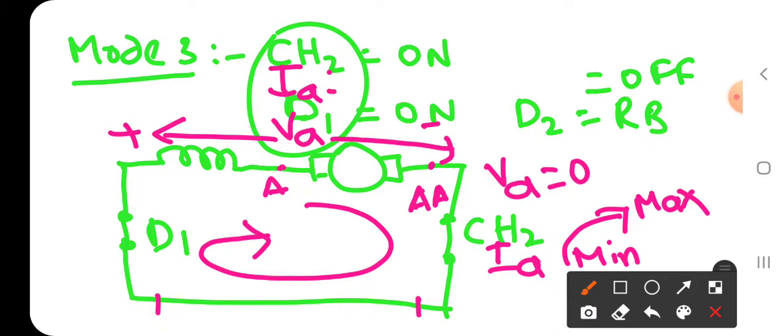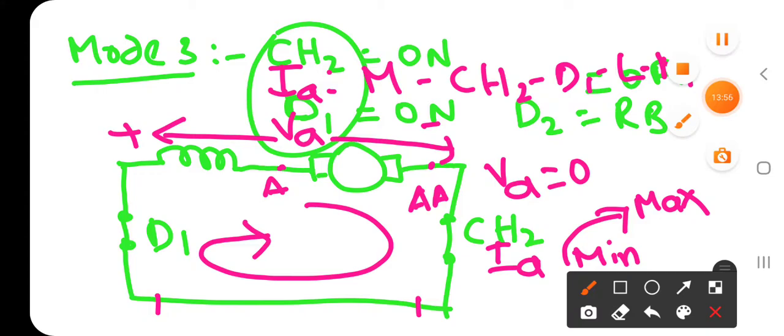IA flows from motor to CH2 to D1 to inductance to motor again. This is the path of armature current or output current or load current. Okay.